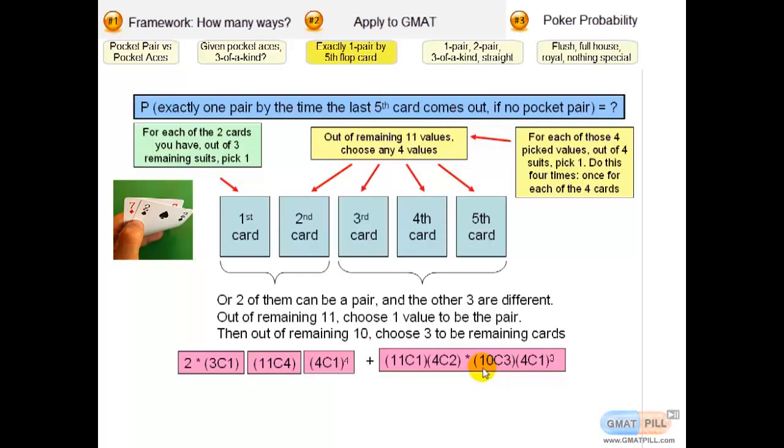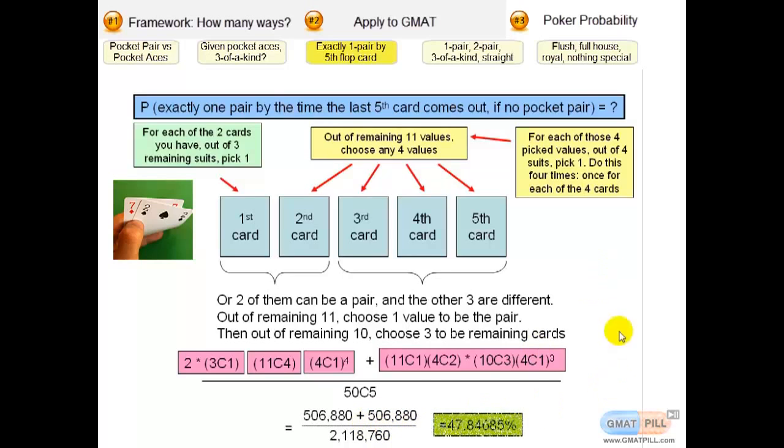You add those together, you divide it by 50 choose 5, right? Because you have 2 cards, so there's 50 cards that you don't know about. Of those 50, you have to choose 5 cards to be on the table. And that calculation, if you add it up, turns out to be 47.84685%.